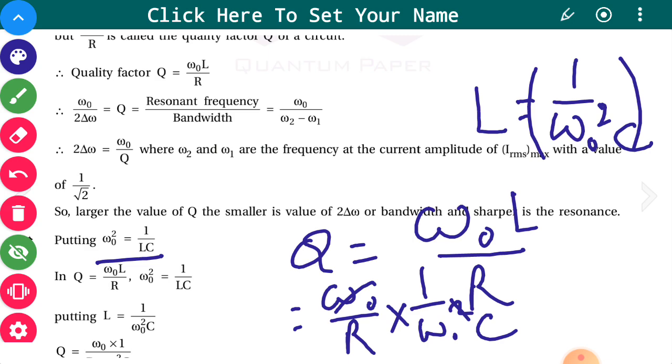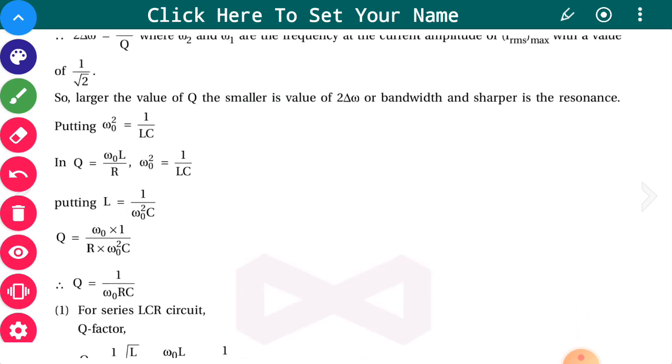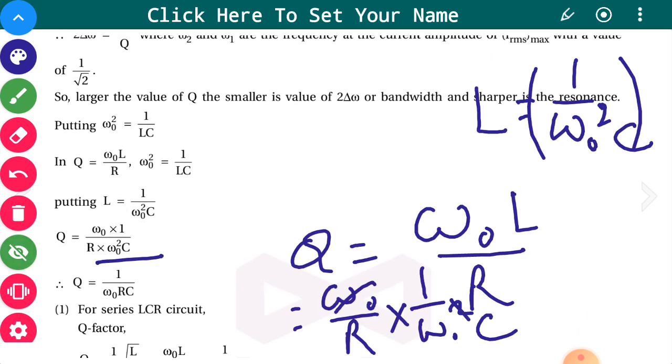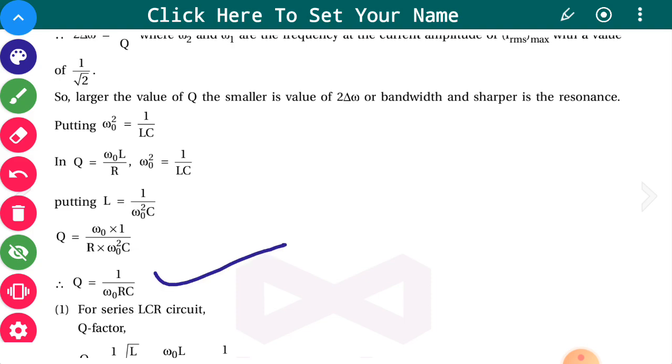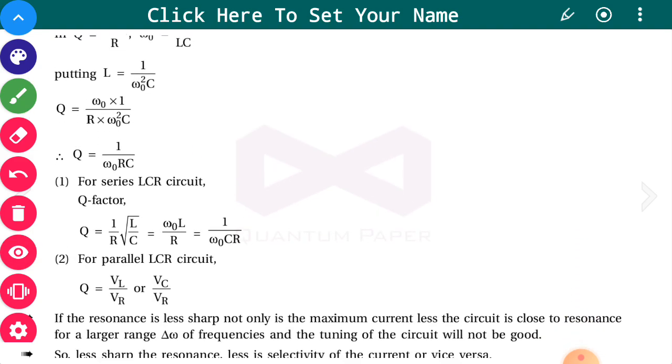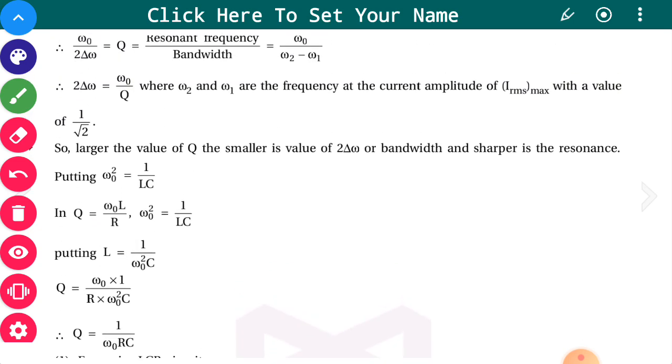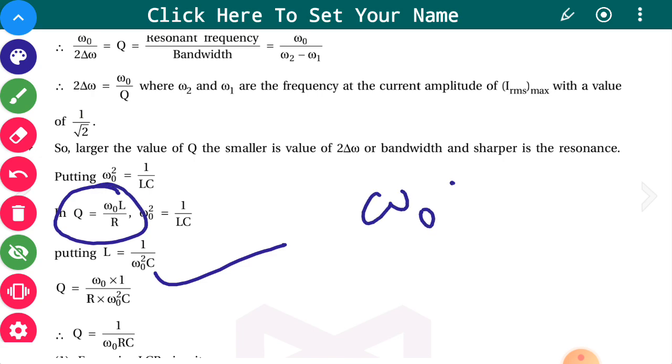You will have 1 upon omega 0 R into C. This value you will get, 1 upon omega 0 R into C. If you have all the three components, as you know, Q factor is nothing but omega 0 L upon R. This value you have to remember, omega 0 L upon R is the Q factor.